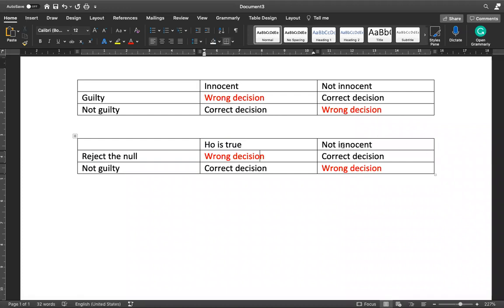Now, if the null hypothesis turns out to be false, and you reject it, you've made a correct decision. If the null hypothesis is true and you fail to reject it, or you retain it, right? You've made a correct decision. And if the null hypothesis is false and you fail to reject it, you've made a wrong decision.